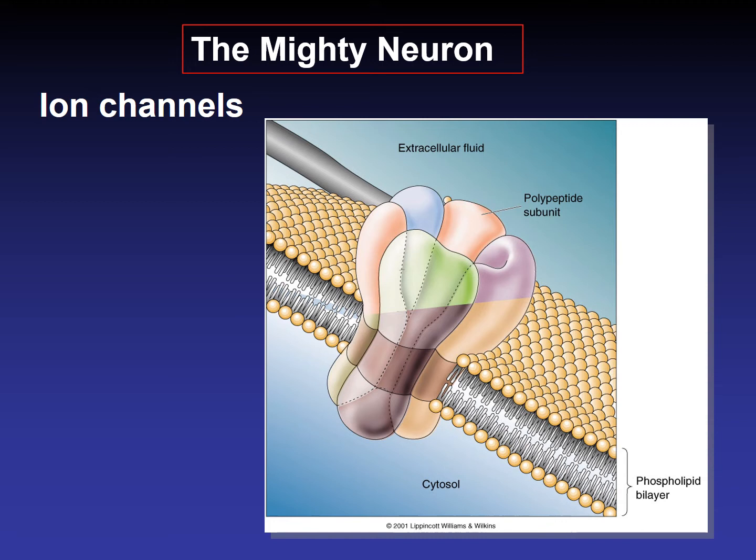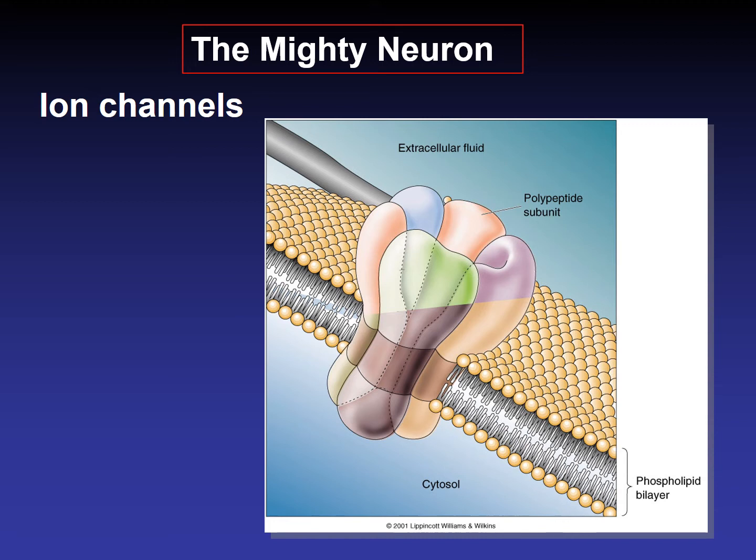And the ion channel is just a protein string made up of some polypeptide subunits, and depending on which polypeptide subunits make up that protein string, you get a different kind of channel. So one set of polypeptide subunits will make a protein string that will form a channel that is selective for, say, sodium. That means that it lets sodium go through the channel but no other ion.